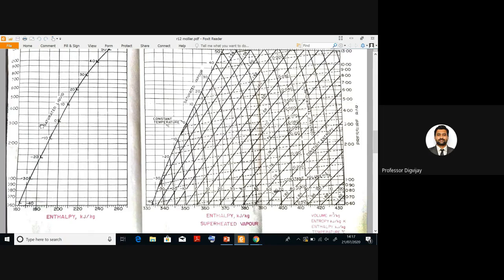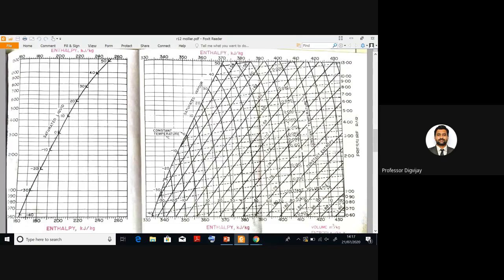The left side of saturated liquid is subcooled R12. In between, we have wet R12. On the right side of the saturated vapor curve is superheated R12. I hope you are understanding this diagram.